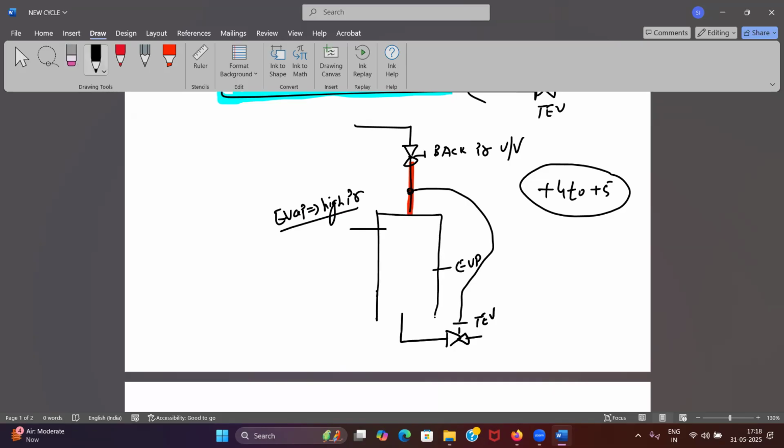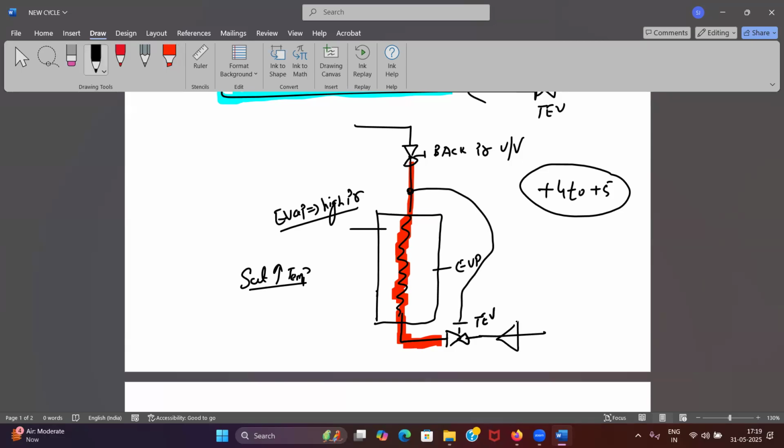So if I am giving back pressure onto this coil in the evaporator, if this pressure is higher, don't you think the saturation temperature will also go up? Also, if I am creating a pressure over here, will it allow more refrigerant to come in?